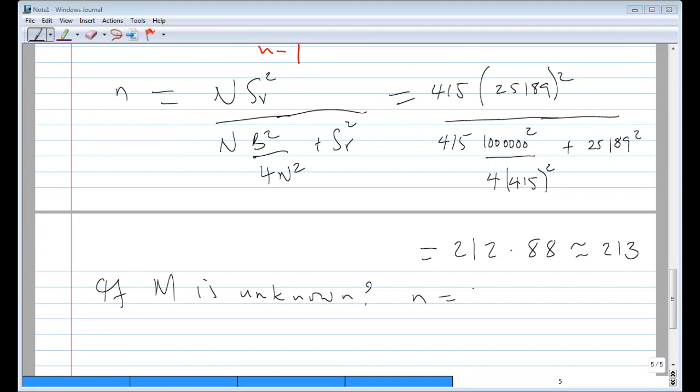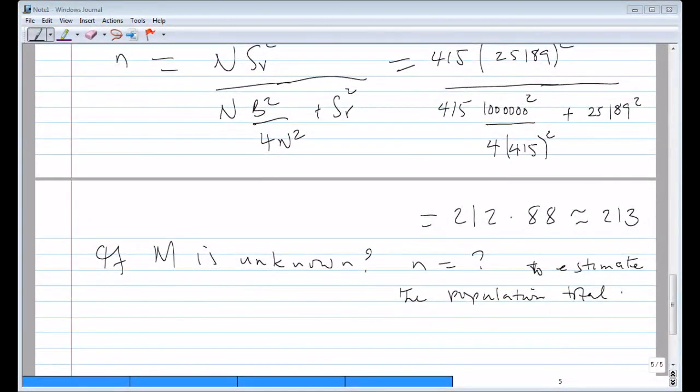Find n, the sample size required to estimate the population total. Remember, we're estimating the total income of residents.